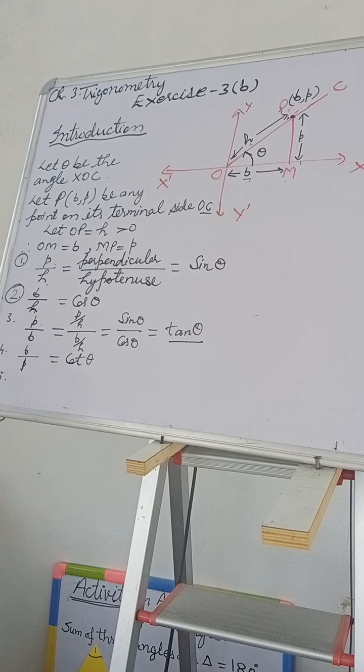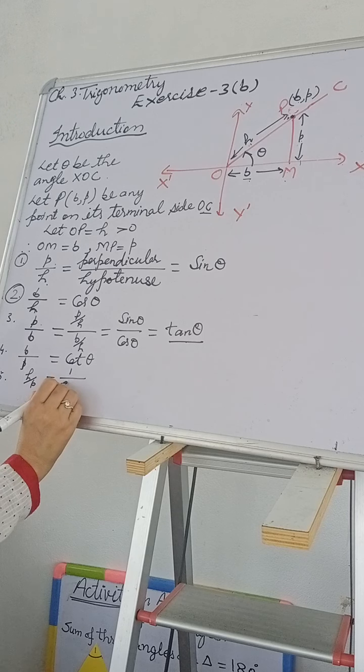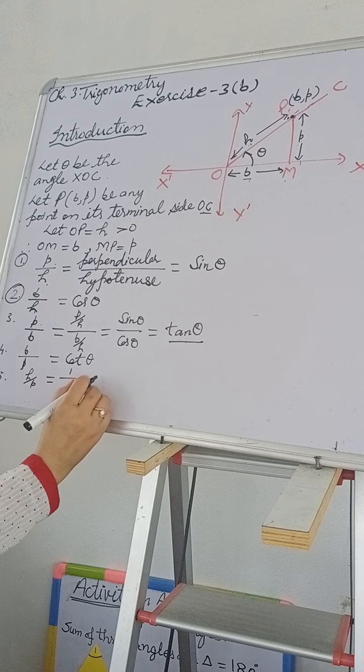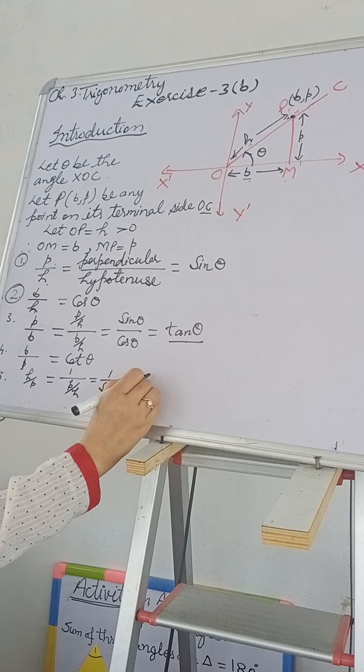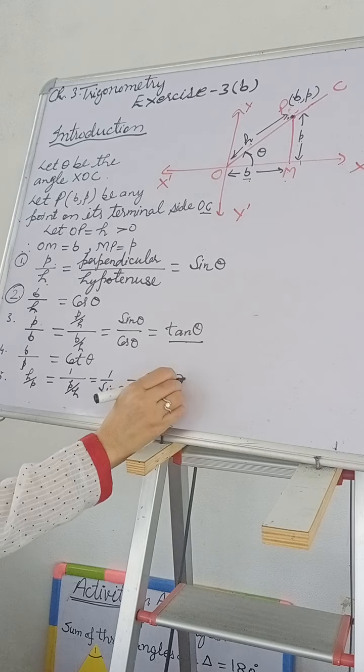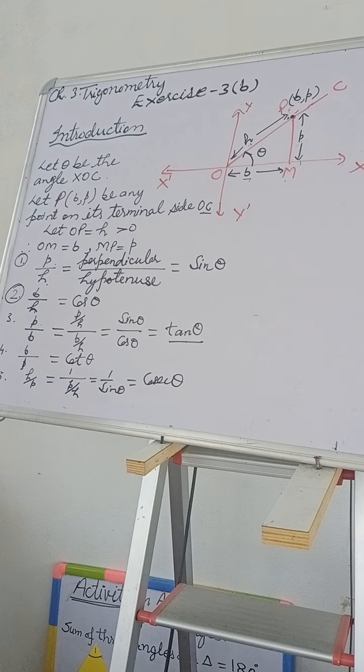Now the fifth function is hypotenuse upon perpendicular. This can also be written as 1 upon perpendicular upon hypotenuse, which is equal to 1 upon sine theta. We say cosecant theta, the reciprocal of sine theta.